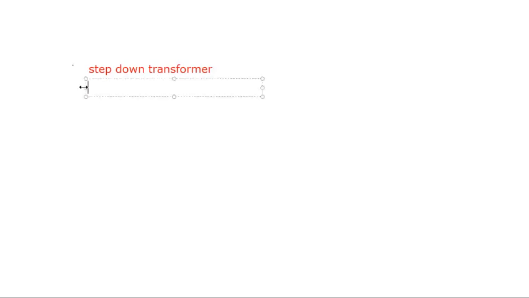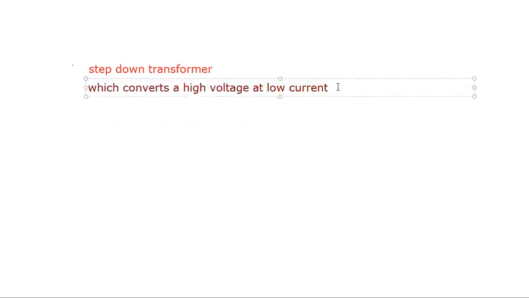It is something that converts a high voltage at low current into a low voltage at high current.